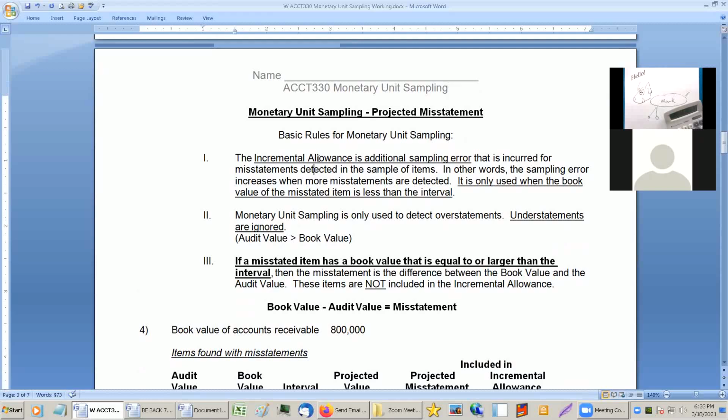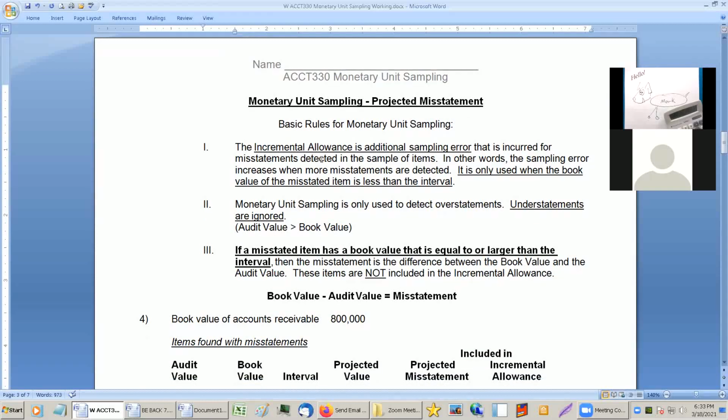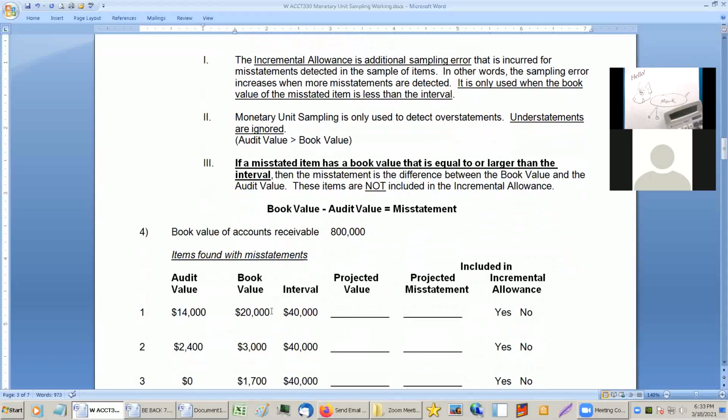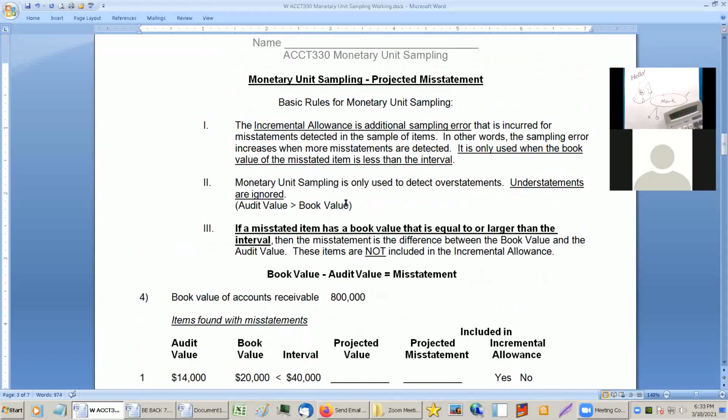Okay, incremental allowance. Incremental allowance is some additional error that can come into play if the book value of the item is less than the interval. And what I mean by that is like down here, this book value is less than the interval. The interval is 40,000, the book value is 20,000.